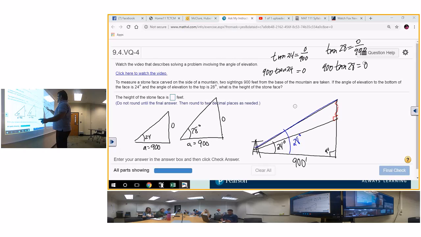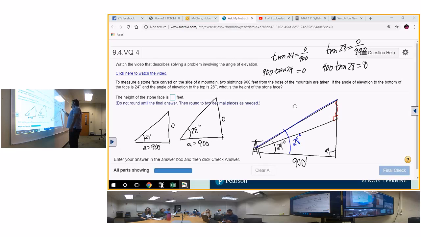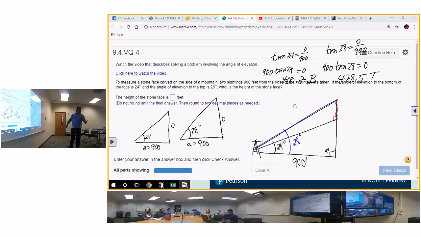That's the larger one? Yeah. 478.5, and that's to the top of the head. And then 400.7. Somebody check those for me. Yes. Did somebody check them? Yeah, that's right.